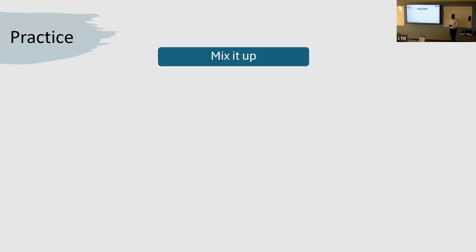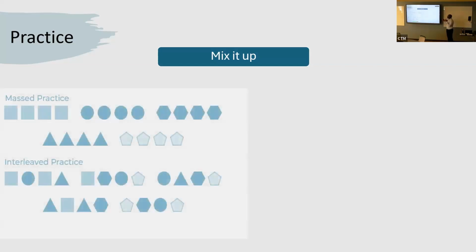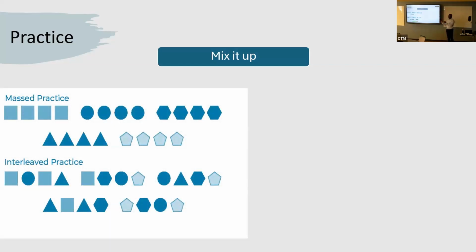Now, let's talk about how to effectively practice, how to make this stick in the minds of our students. We have massed practice as against interleaved practice.